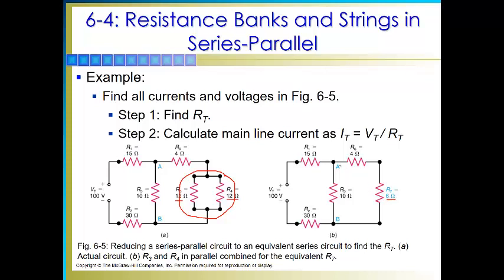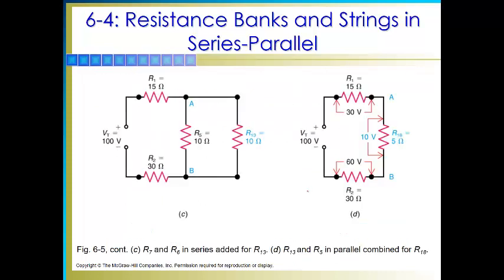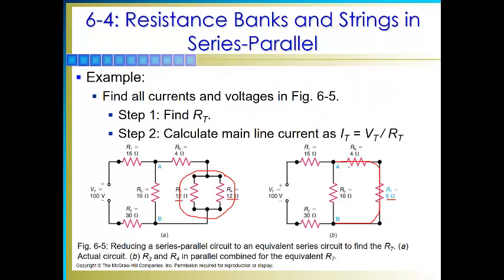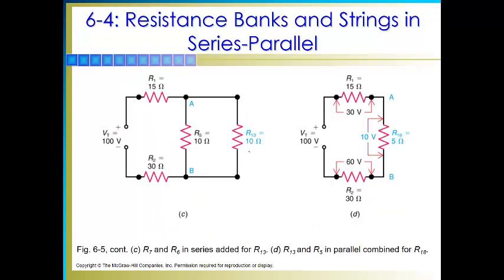Once we have reduced the circuit to this, now we notice that in this branch we have two resistors in series. So we can reduce these two into one resistor that will be in parallel with this R5. As we do it right here, see that? This 4 ohms and 6 ohms can be reduced to a 10 ohm resistor.